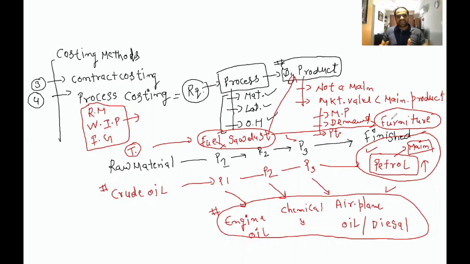So that's the example to understand process costing. If your products come in these kinds of categories, yes, you will apply process costing because it requires multiple steps, right? So that's all about process costing.